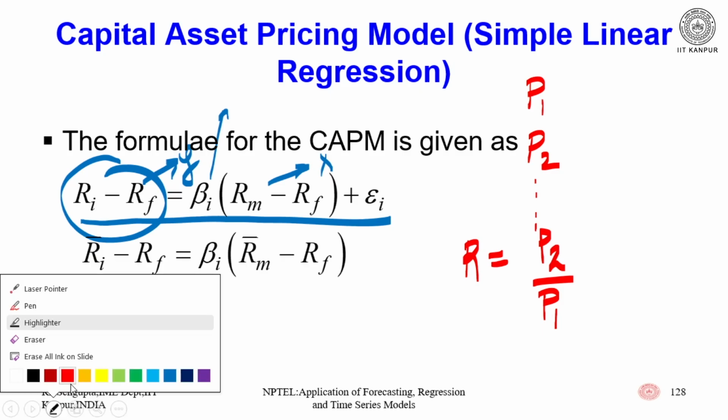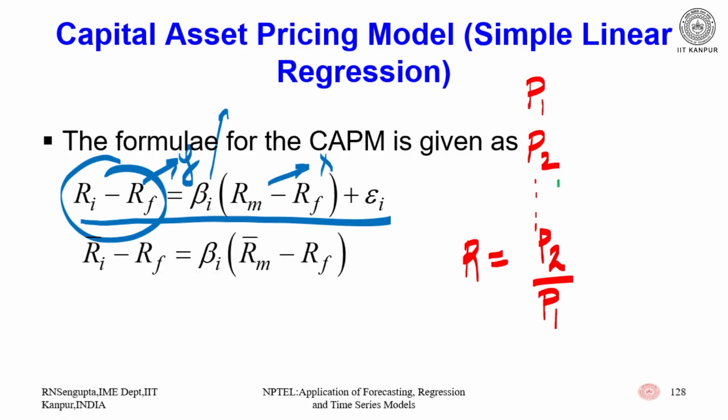While if we use the concept of small r, I am using the green color, that will be given by P2 minus P1 by P1, and based on that I utilize this return. So this capital R and small r is not specified here; we can replace capital R by small r and do the same calculations.